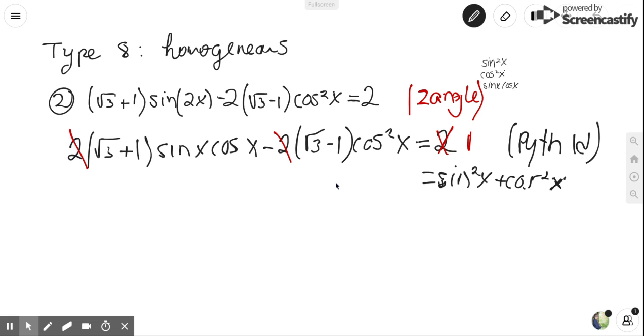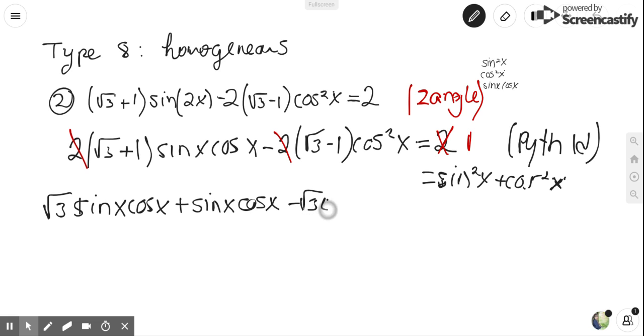We're going to get, and at this point I'm going to open my brackets because it's blinding us a little bit. So here we're going to get, I'm sorry, I wrote a line, sine x cos x plus sine x cos x. And then here we're going to get minus square root 3 of cos squared plus cos squared.